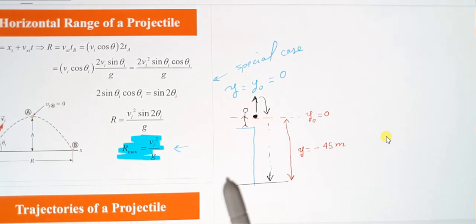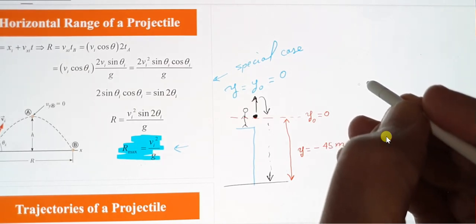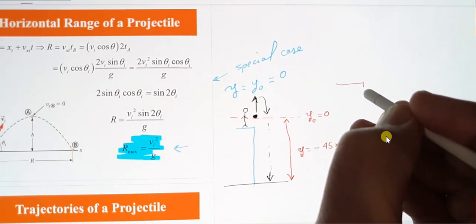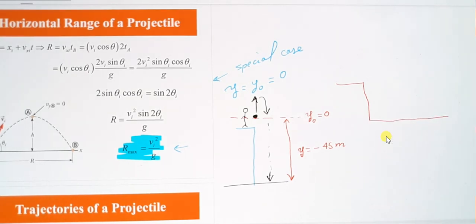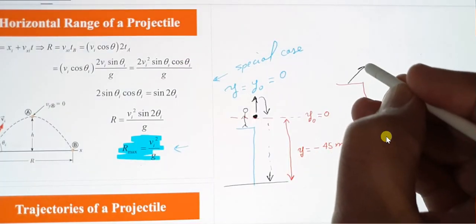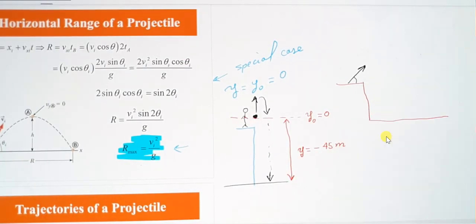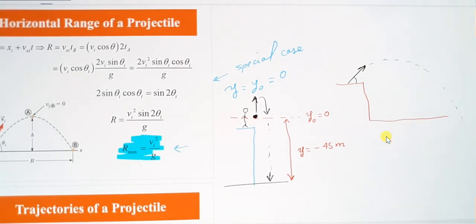Okay, Michel, we need to find the maximum height reached, right? Time? Or what do we need to find here? Let me give you an example. Suppose we have a situation like that, and that is your projectile. Your projectile will go like this, correct?